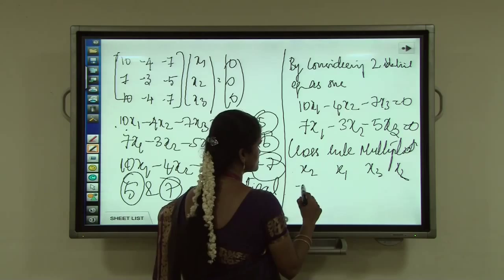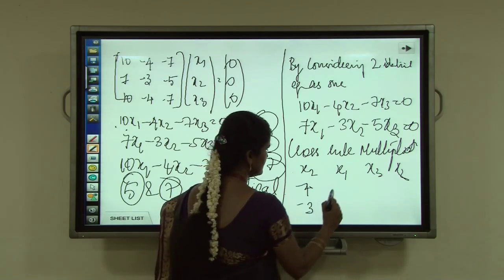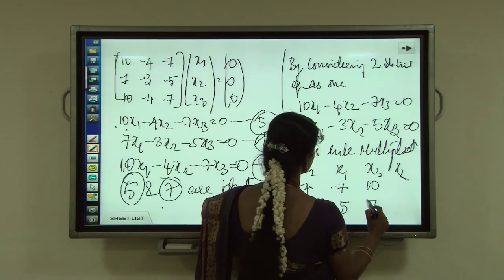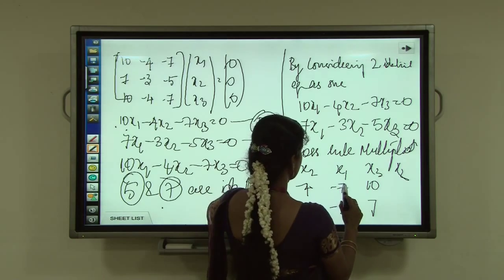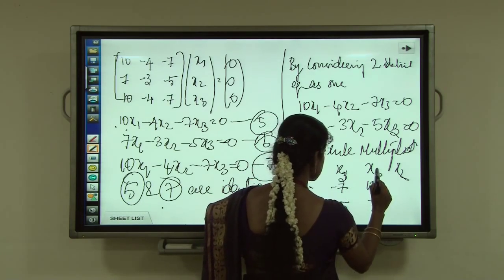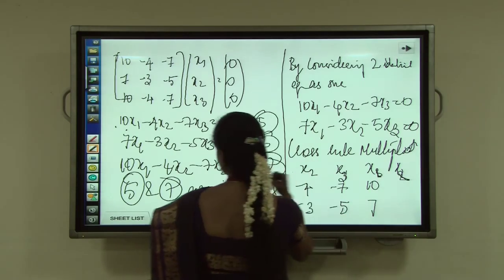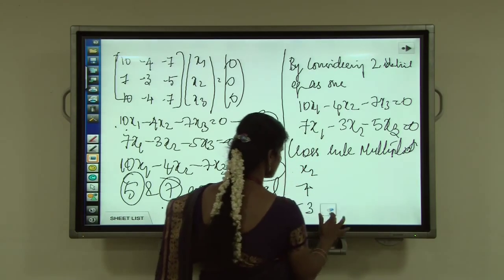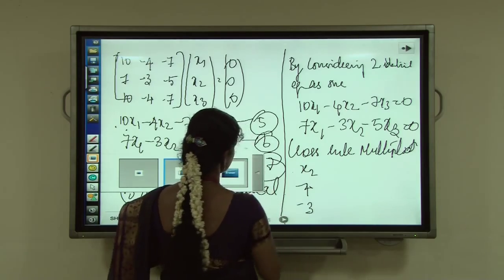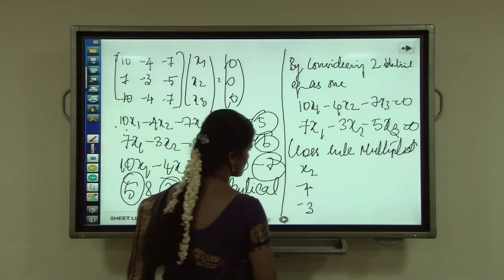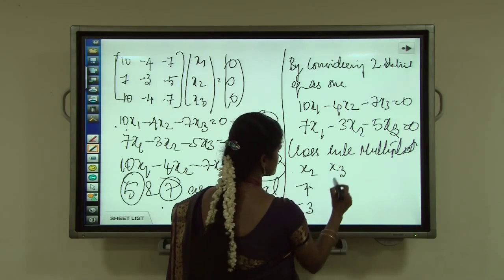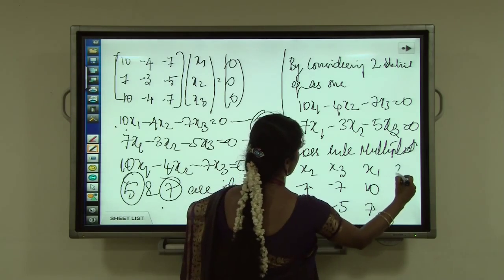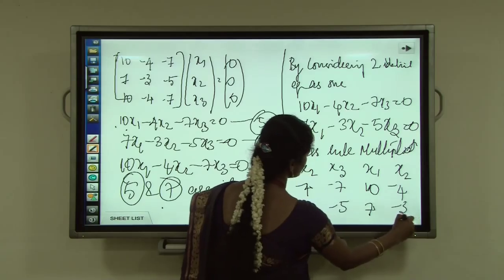Collecting the coefficients of x2, it is minus 4, minus 3; x3 is minus 7, minus 5; x1 is 10, 7; and x2 is minus 4, minus 3.